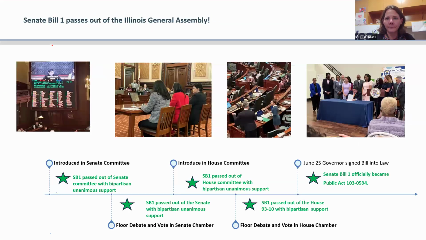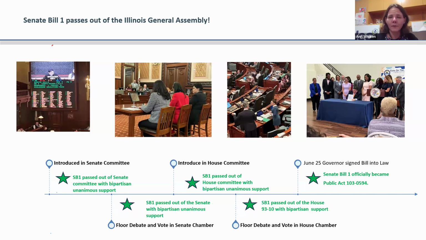Next slide, please. And I know many people on this call were part of the effort to get Senate Bill 1 passed. I really want to thank everybody who lent their voices, who lent their emails, or talked to somebody and supported this work. We are excited to say that Senate Bill 1, which authorized the standing up of the Department of Early Childhood, passed out of the General Assembly this spring, with unanimous support in the state Senate and bipartisan support in the House.